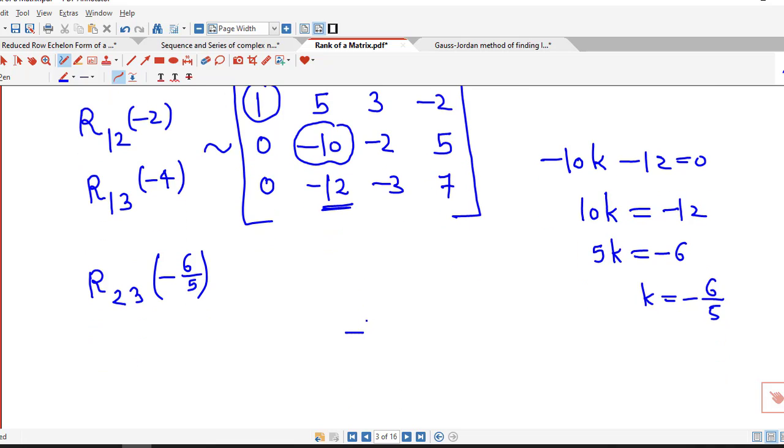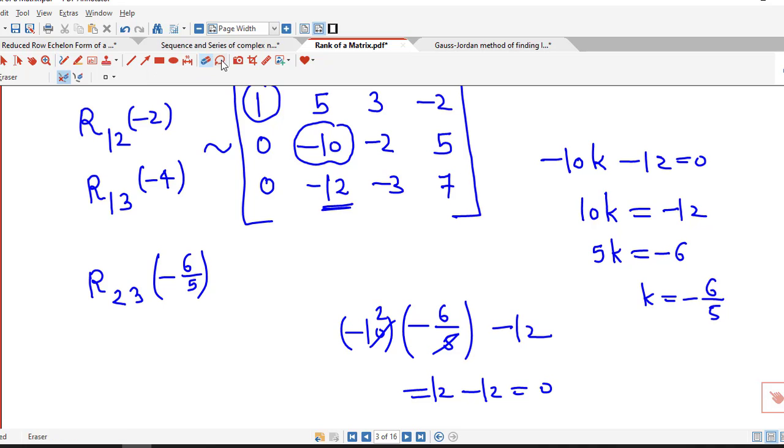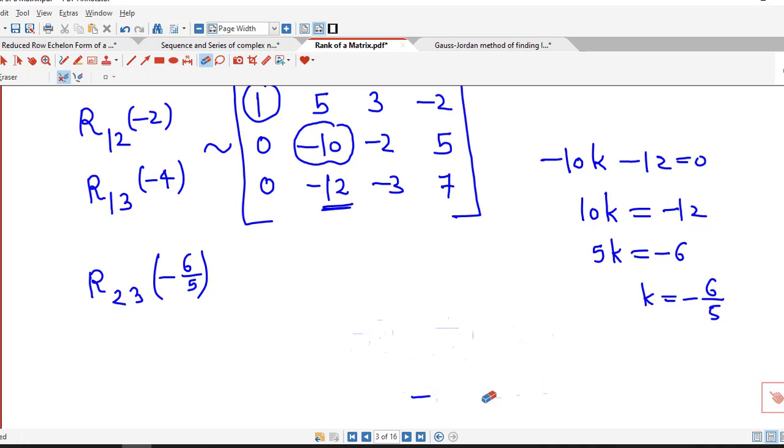So you can see if I multiply minus 10 by minus 6 by 5 and add in minus 12, I obtain here 12, and 12 minus 12 is 0. So this multiple k which I have found is correct. So the third row only will change. We write the first two rows as they are, 0 minus 10 minus 2 5.